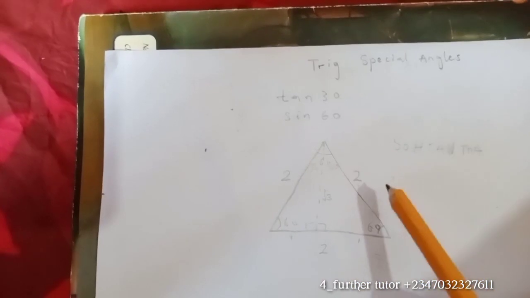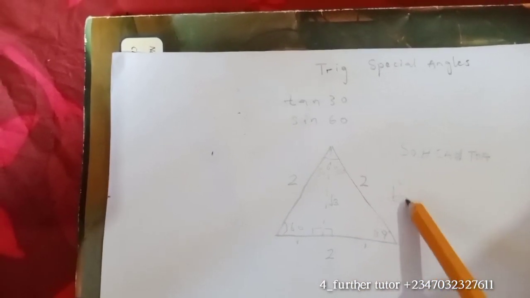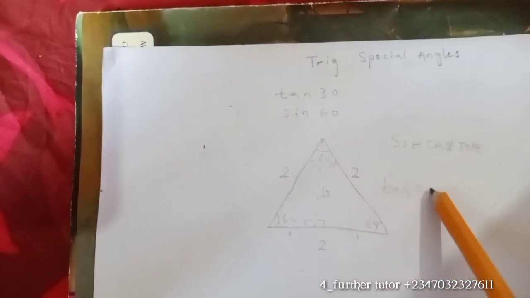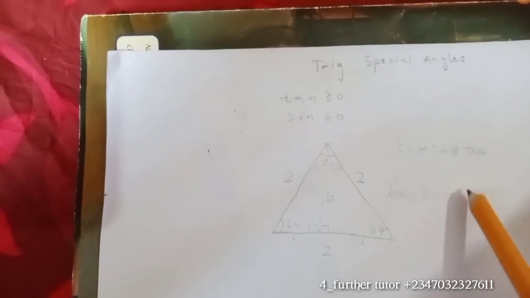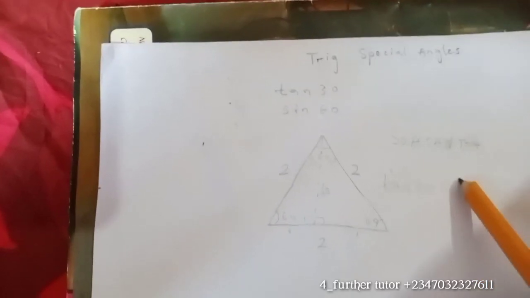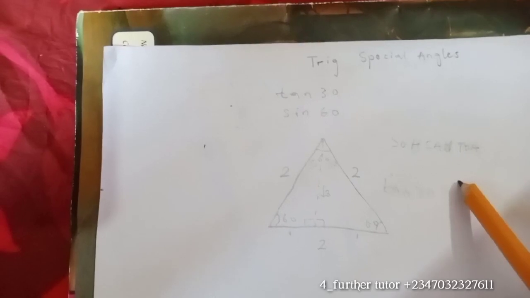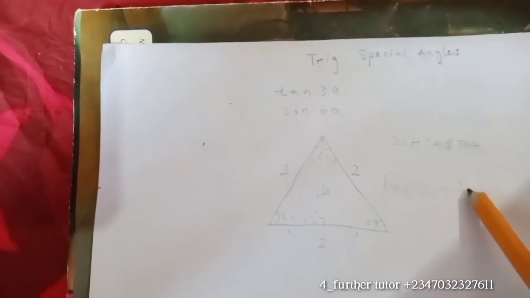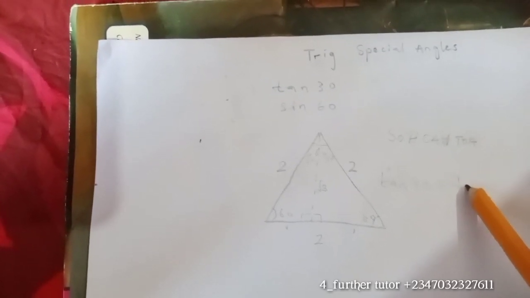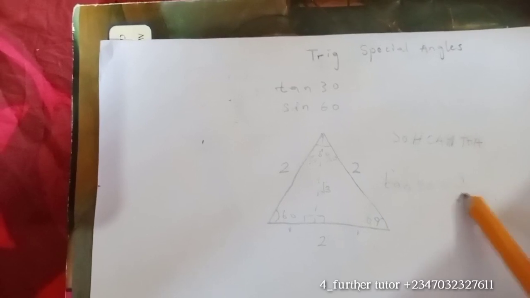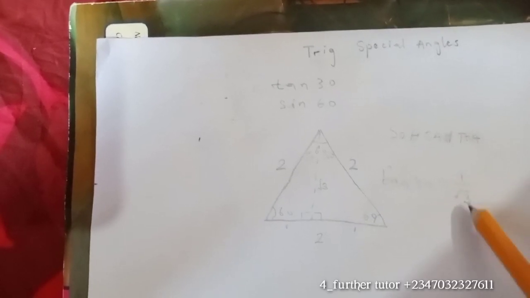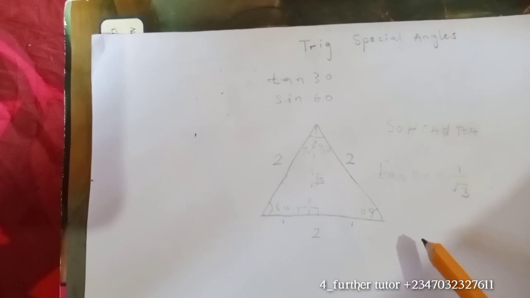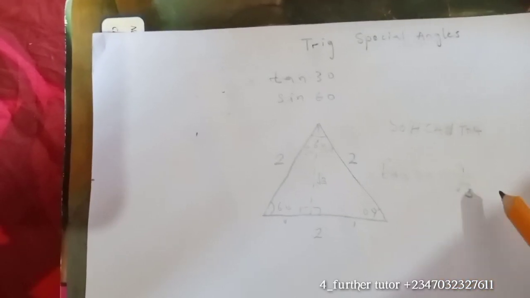So for tan 30, my tan 30 will be equal to opposite, which is 1, over adjacent, root 3. If you use a calculator, the calculator will give you a decimal number. But in your options, you'll be seeing 1 over root 3. That's actually where you'll be caught.